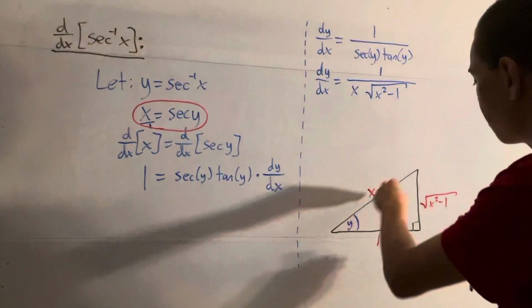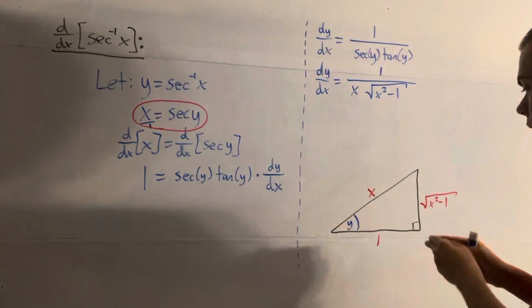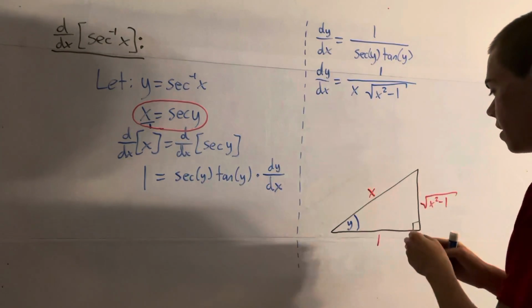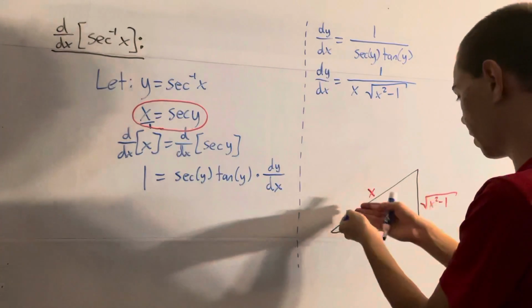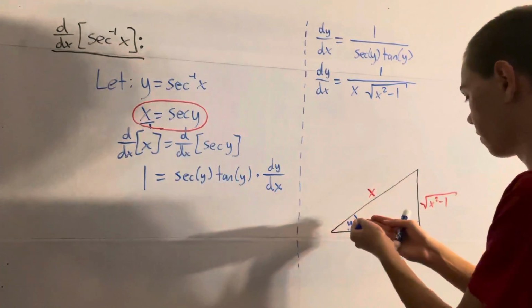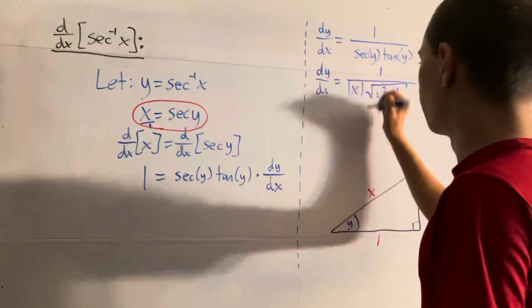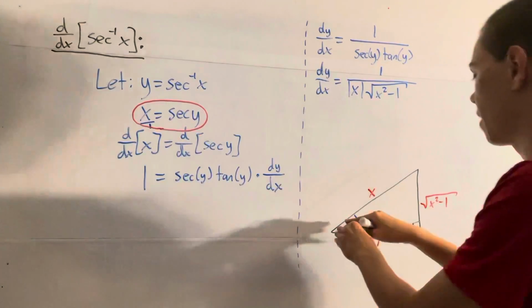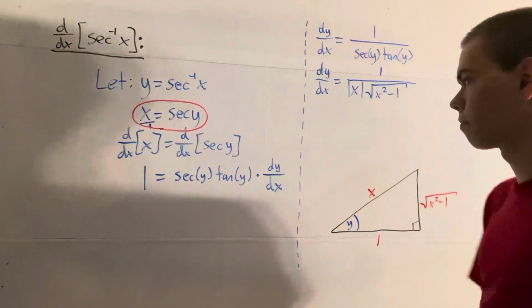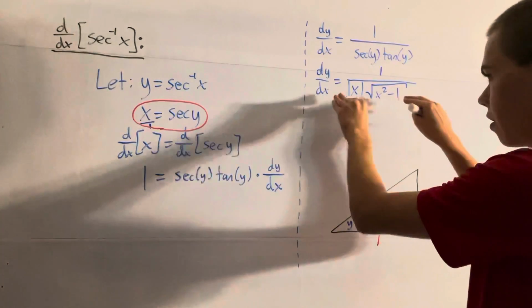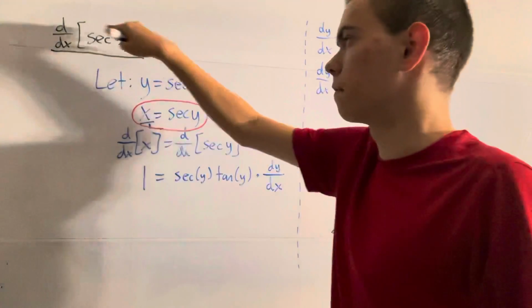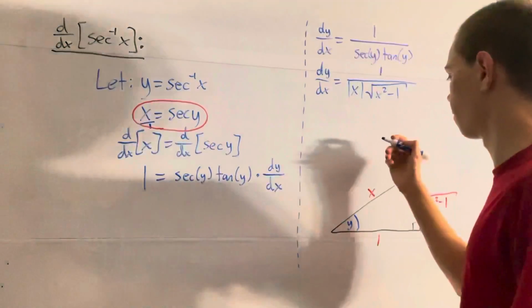No, the length of the hypotenuse cannot be negative. And so we have to put the absolute value there because the hypotenuse can't have a negative length. And so this is really what the derivative of the arcsecant would be.